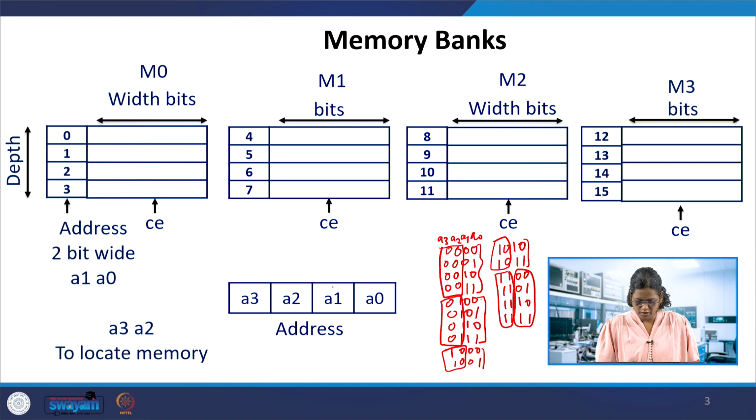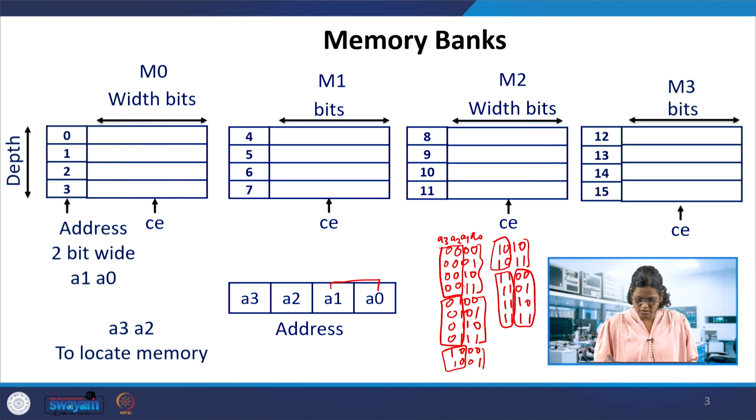So A0 and A1 vary 0 0, 0 1, 1 0, 1 1, and A2 and A3 are constant for the first 4 values, and then incremented by 1 for the next 4 values, and again incremented for the next 4 values, and so on.